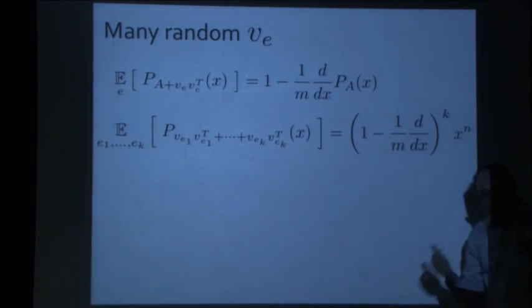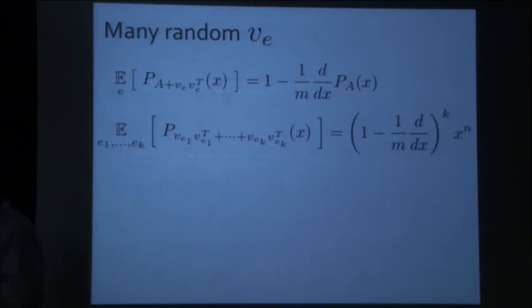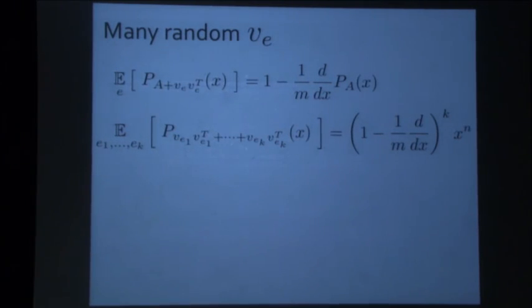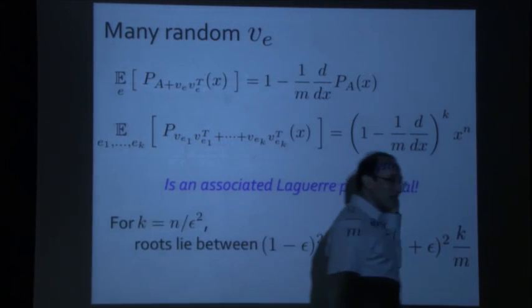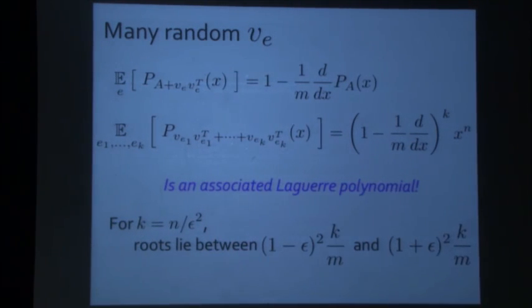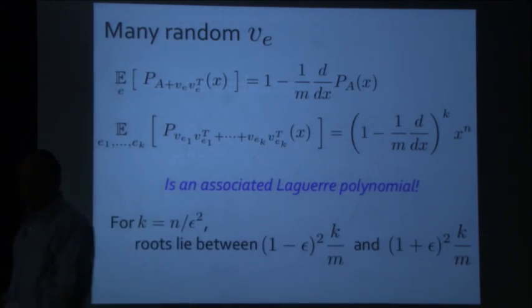So now in expectation, I can understand what happens. The expected characteristic polynomial I get if I take k of my vectors and add their outer products together is, well, this is actually an associated Laguerre polynomial. Actually, I should have asked for a show of hands of how many people knew what this polynomial was. It's not the way associated Laguerre polynomials are usually written, but they're one of the classic families of polynomials, and we know pretty much everything you could want to know about their roots.